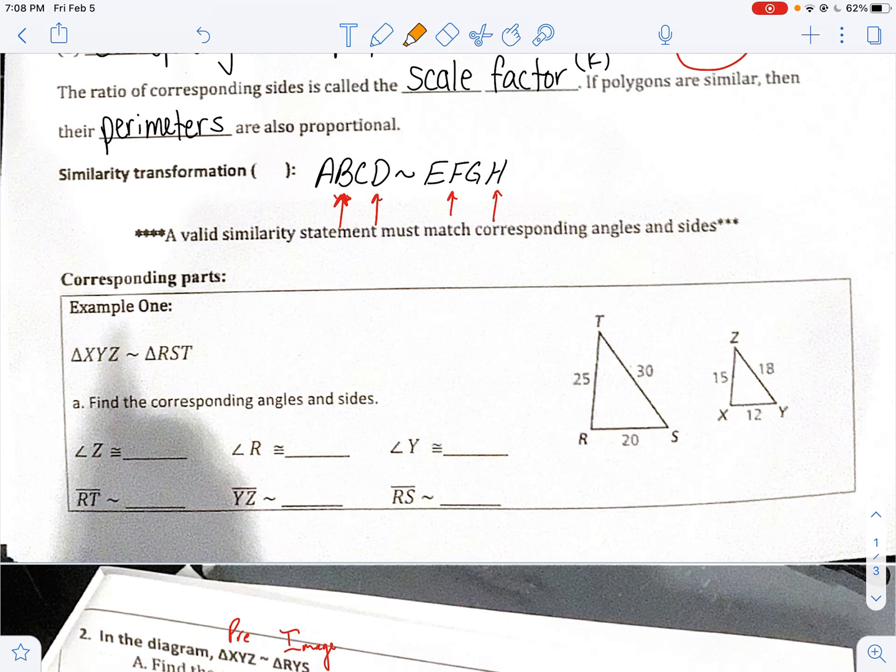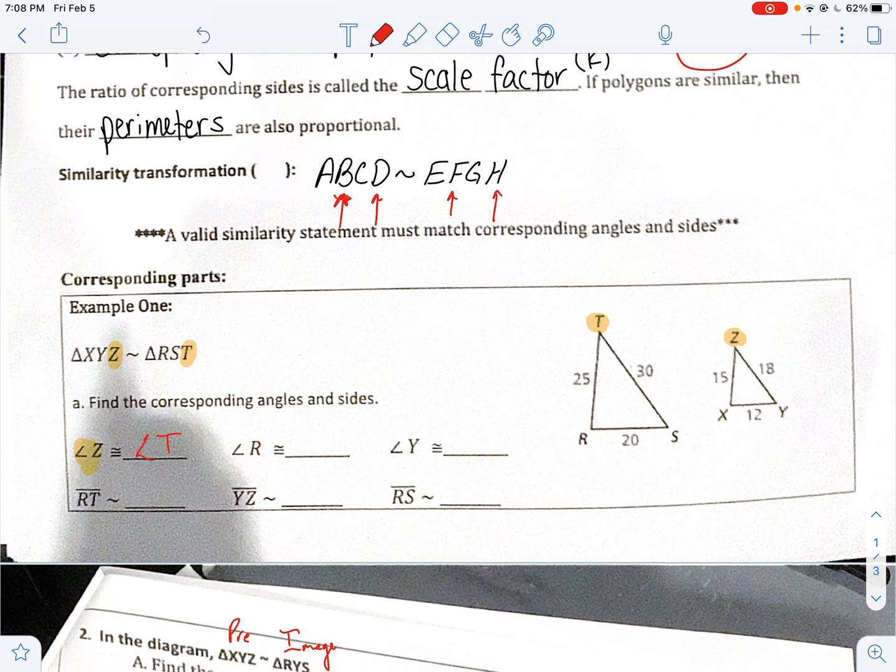Now, if I look at an example here and I want to find the corresponding parts of these similar triangles, let's start with Z. Even if I didn't have that picture, I could still tell you that Z corresponds with T. And the reason I can tell you that is because they're located in the same spot. They're the last letter in the name.